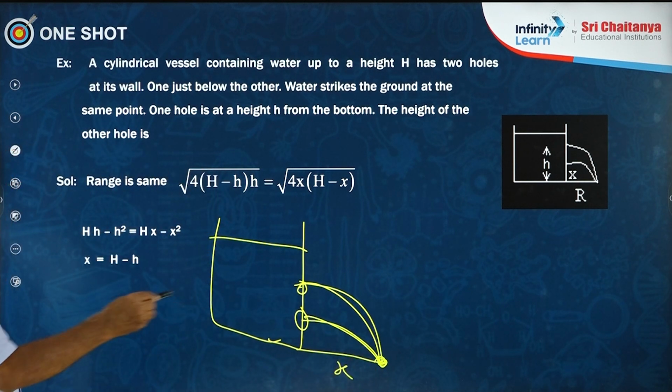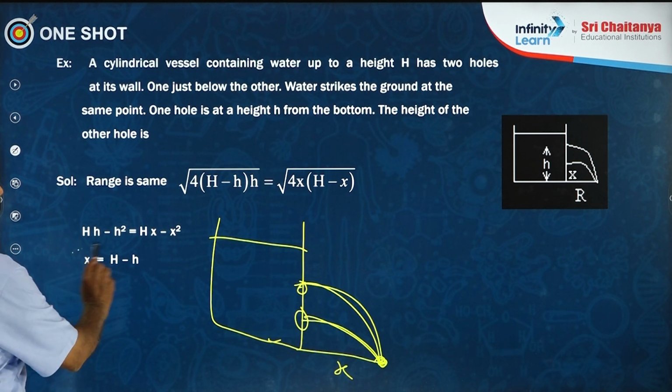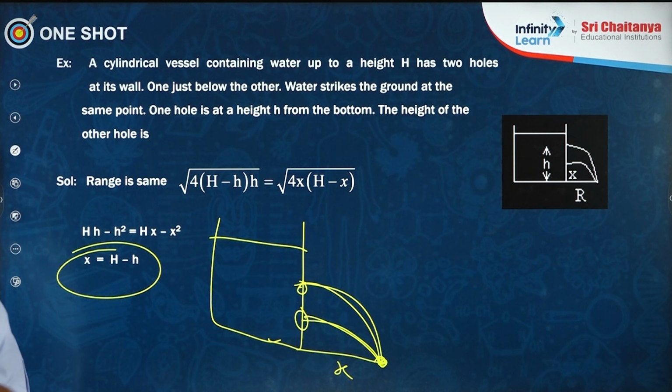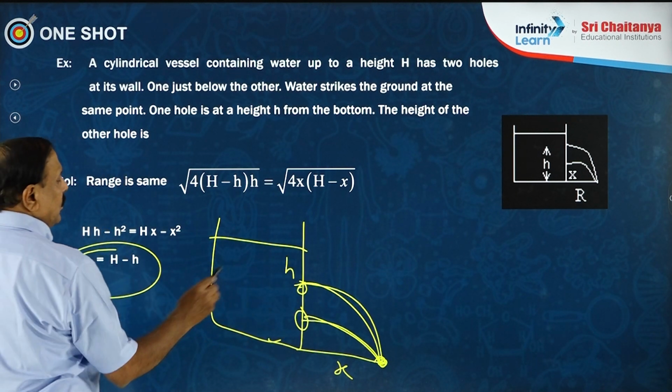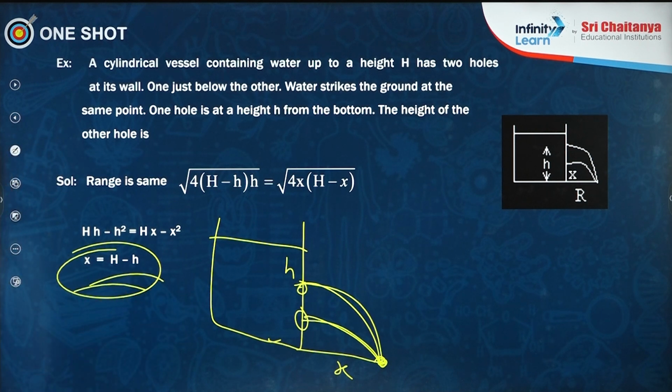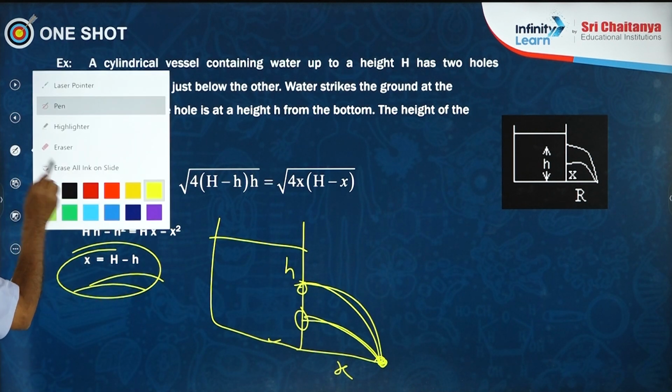That means the range, the horizontal distance travelled by both columns, is the same. Then if the height of one hole is h, the height of the other hole is h minus h. So, go through these formulae.